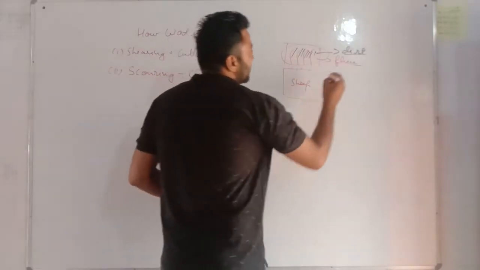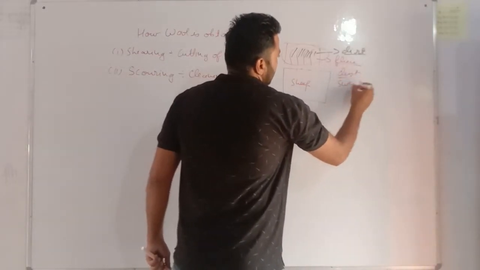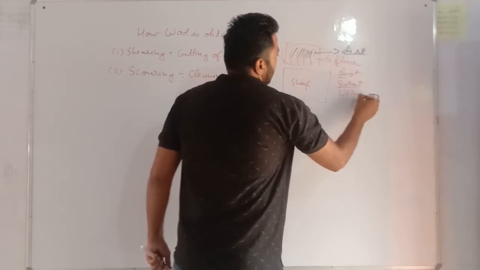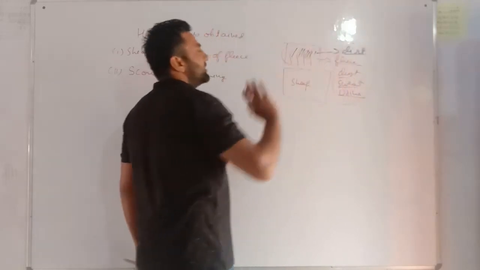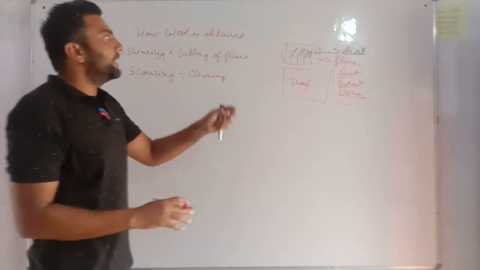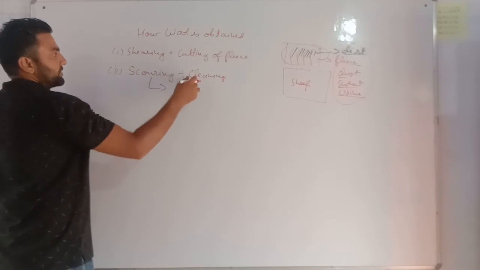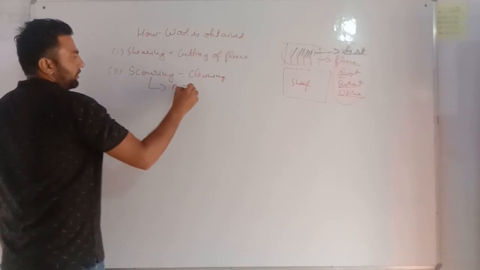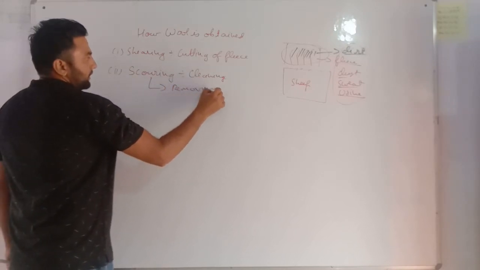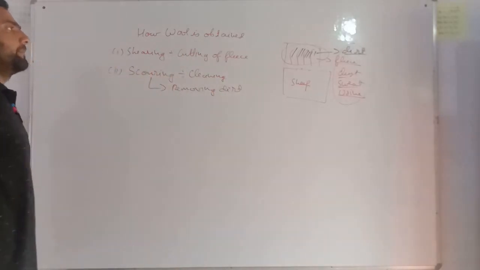Dirt, dust, sweat, its own urine, and many other dirts are present in it. So first of all we need to clean it and remove this dirt. This process is known as scouring. What is scouring? Cleaning or removing dirt is known as scouring.